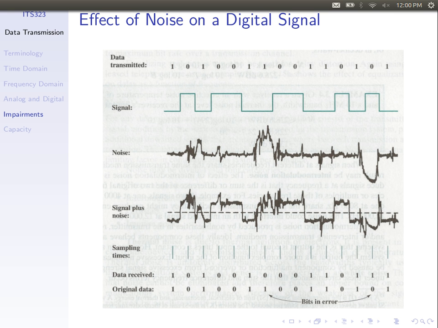Bit 0 transmitted, bit 0 received. +0.1 received. Which one is it closest to, +1 or -1? +1. It's still within this range, still greater than 0. So the receiver assumes bit 0. That's correct.